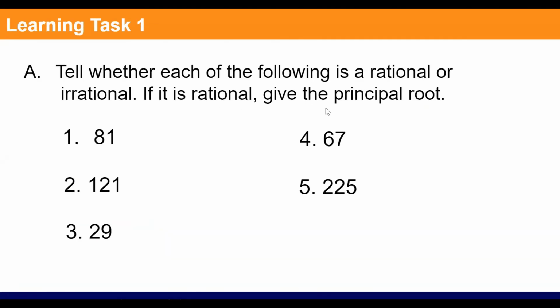So, i-pause ang video at sagutan ang learning task na ito. Anong gagawin? Tell whether each of the following is rational or irrational. If it is rational, give the principal root. Sabihin mo lang kung rational or irrational yung mga numbers na ito. Tapos, kung rational siya, hanapin po ang principal root.